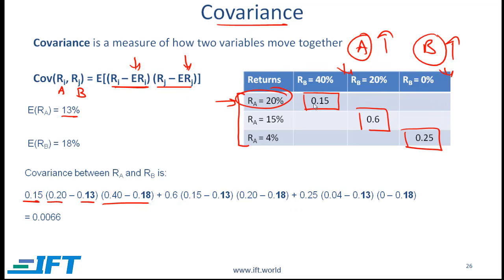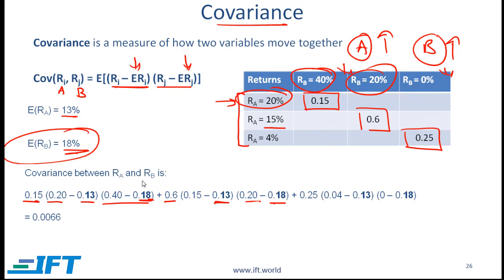Notice that in this scenario, the first scenario with a probability of 0.15, the return on B is 40% or 0.4 minus the expected value for B, which is 18 or 0.18. And then you move to the second scenario, probability is 0.6, and then we have 0.15 minus the expected value. For B, we have 20% here minus 0.18.